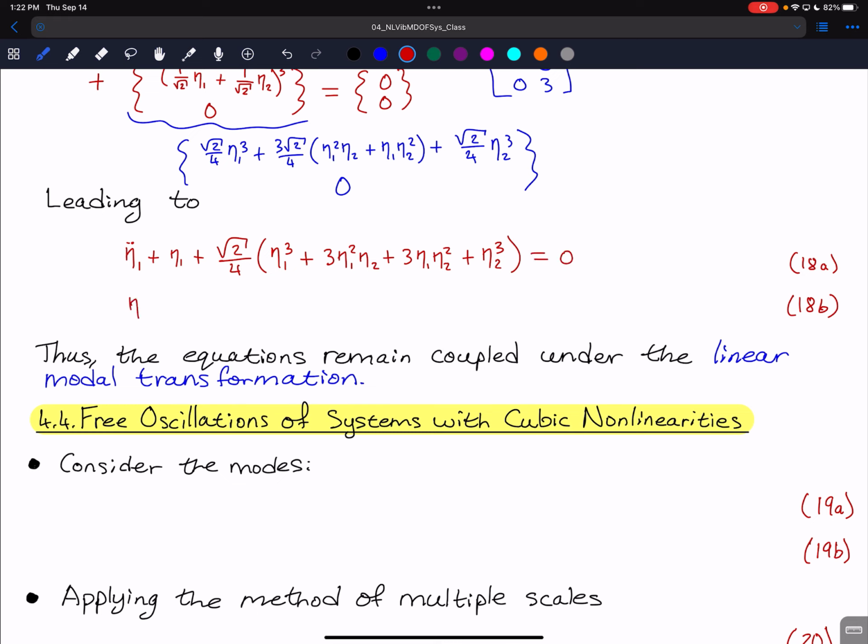And then we get eta 2 double dot plus 3 eta 2, and that is equal to 0. And we end up with mode coupling shown right here in green.